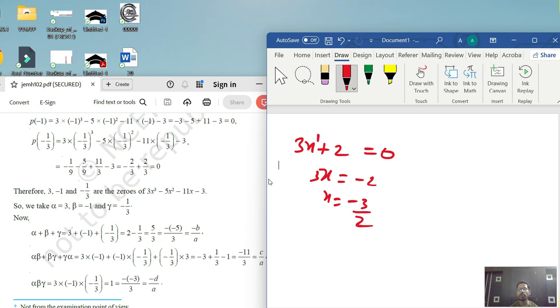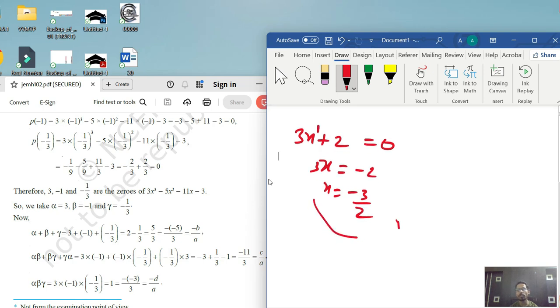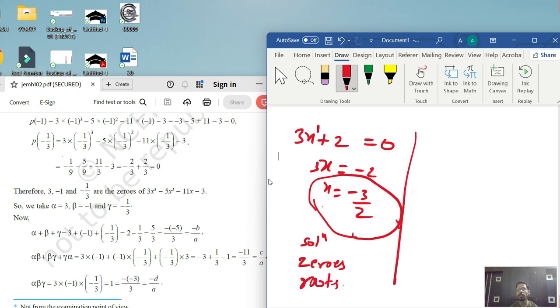So if the power is 1, you will get a single solution. Okay, single zero. It is called solution, it is called zero, it is called root also. Okay, but if the equation is 3x square minus 5x plus 2 equal to 0, suppose.